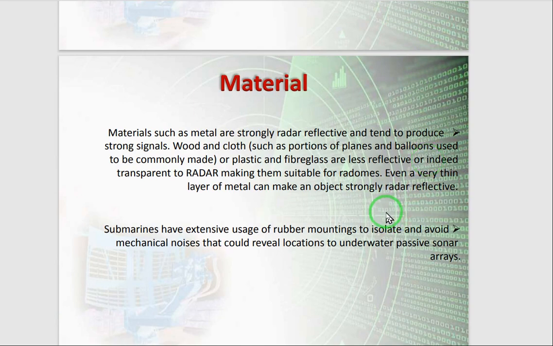As we all know, metal is highly reflective for radar or any radio wave signals. So in order to build stealth planes, metal is very little used. More plastic and fiberglass are used, and rubber mountings are used in order to avoid radio frequency reflection.